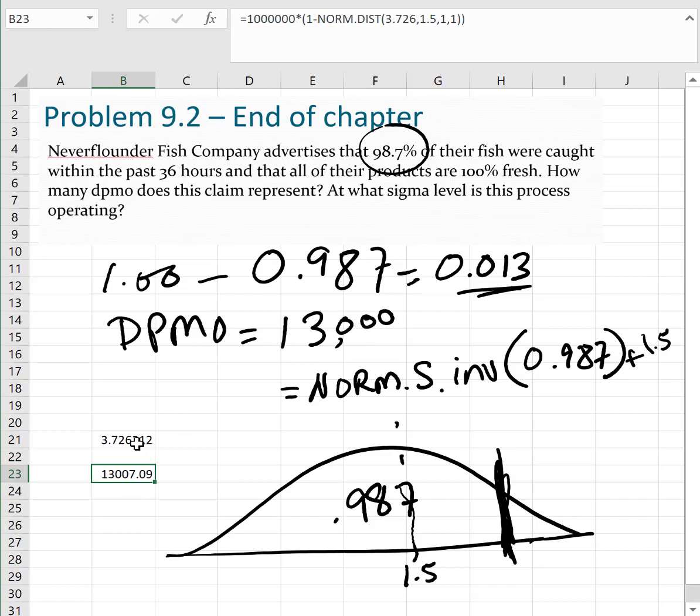Given rounding, because I used 3.726 in my calculation here, whereas I had rounded.